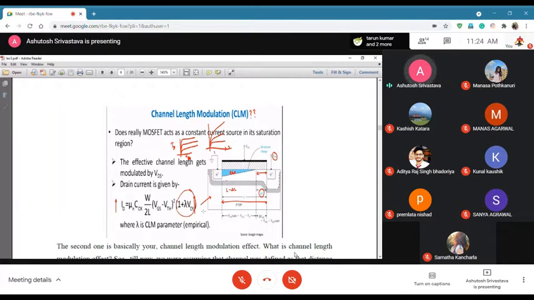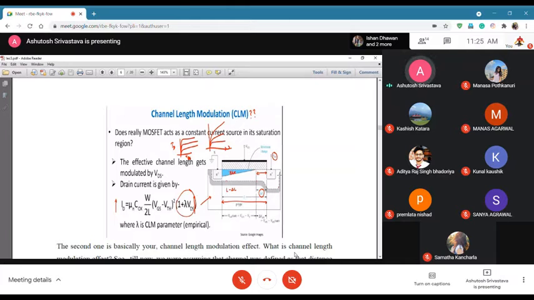This is irrespective of whether it's longer in length or shorter in length. Since you have a change in the effective field, that drives the pinch off, which basically starts to happen from here, and your channel length effectively gets truncated or smaller in size from source to drain.